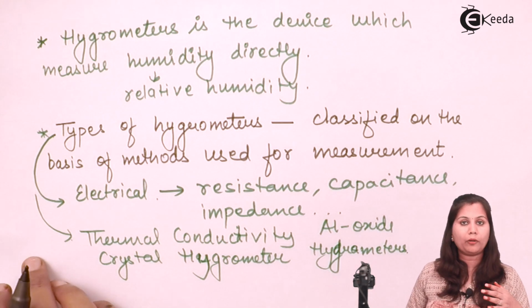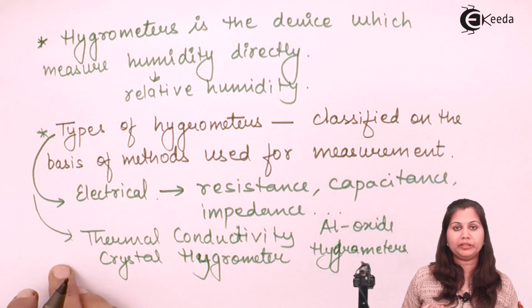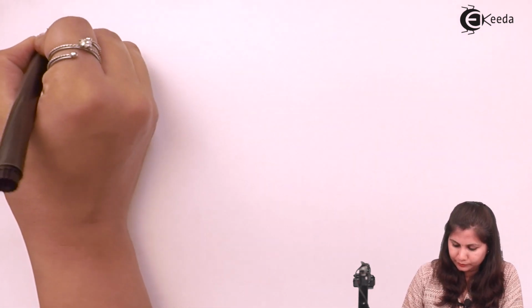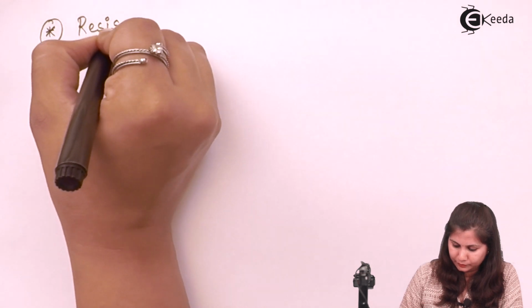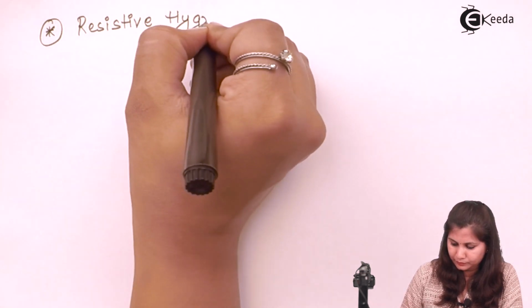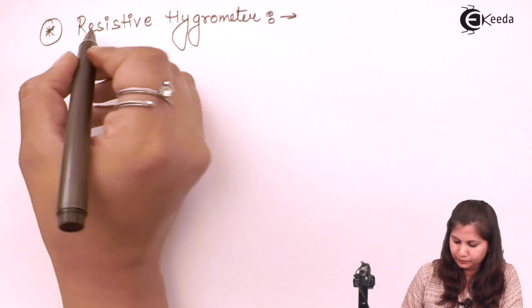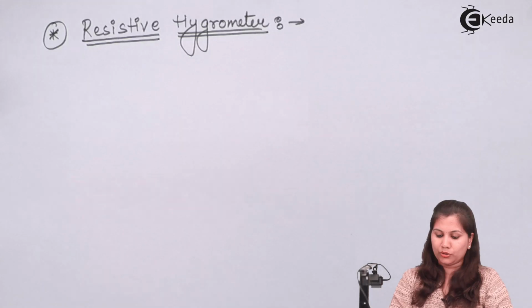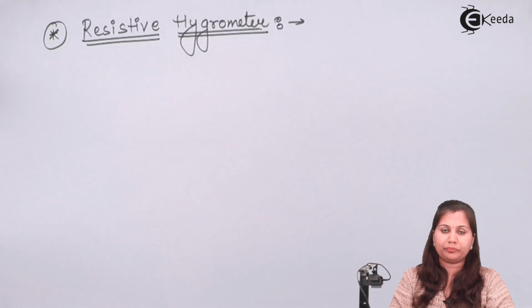So depending upon the method used for measurement of humidity, there are different types of hygrometers. Here we will first start with the electrical methods used for the measurement of humidity, and in that, first is the resistive method. So the first type is the resistive hygrometer.